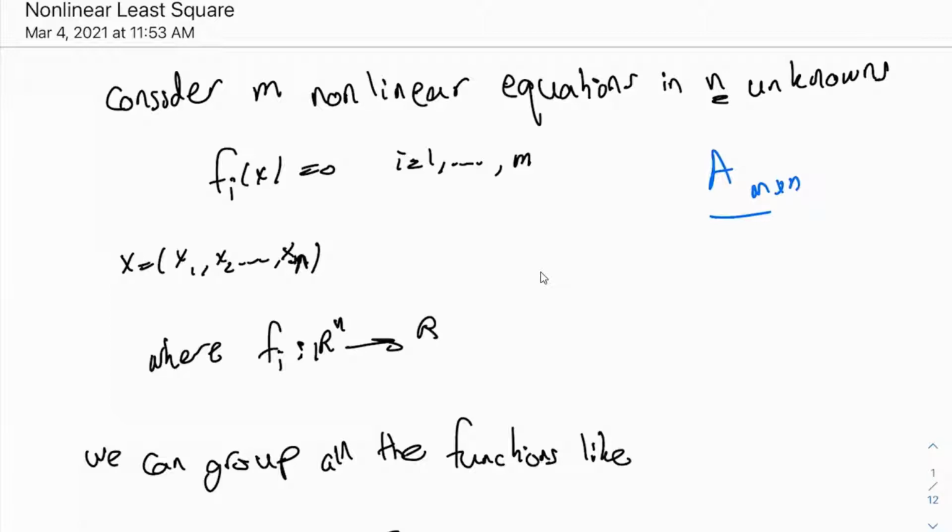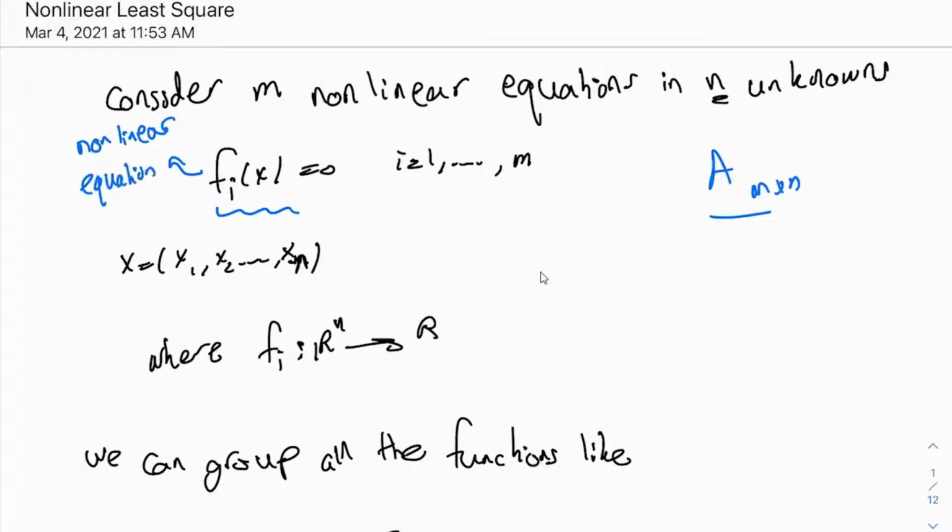So assume you have m equations corresponding to the m rows, similar to that, and n unknowns, right? Each of these equations is like f_i of x equal to 0, where i is changing from 1 to m, right? So each of these f_i of x is a nonlinear equation.